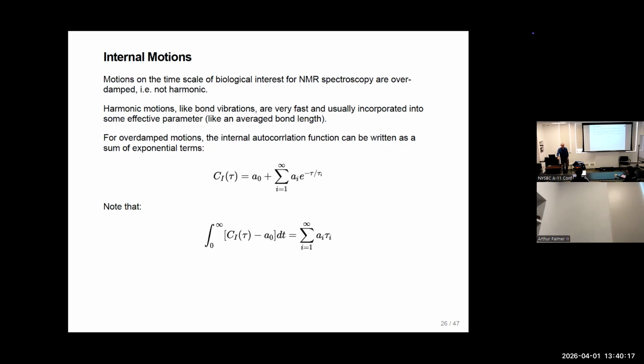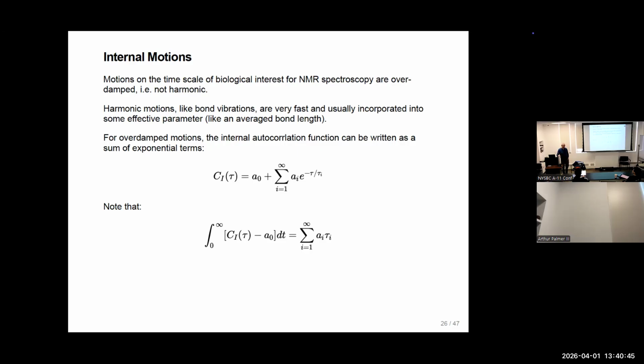And then one can get into a thicket of literature about whether that sum can or should be represented by a distribution function with some probability distribution for the time constant tau sub i there, or whether this is an exponential representation of what's really a stretched exponential or some other complicated form.